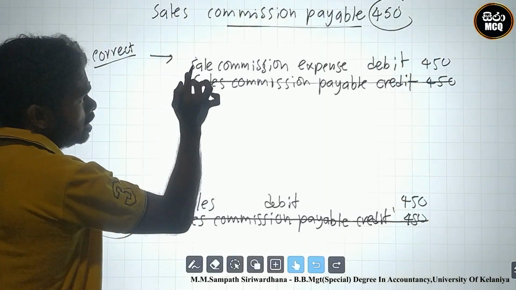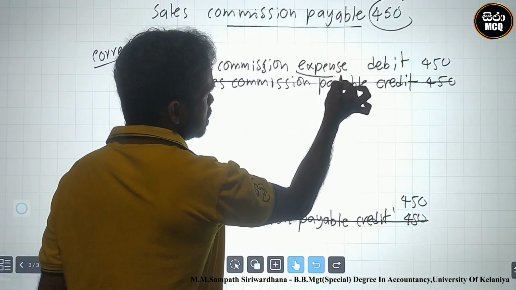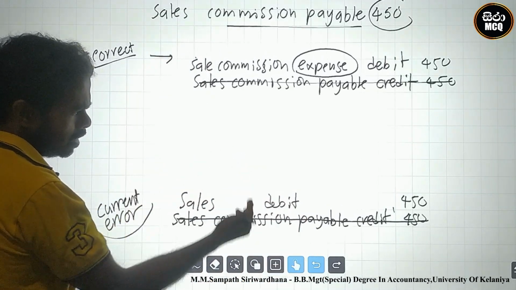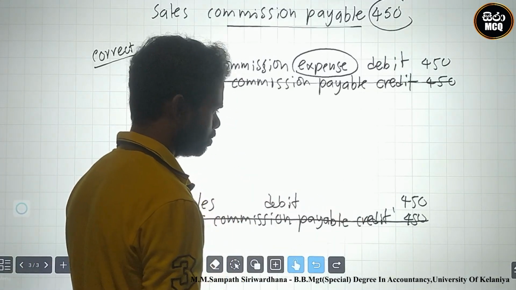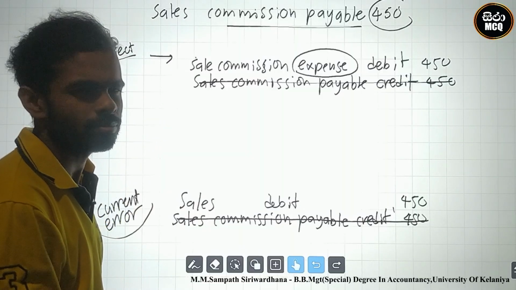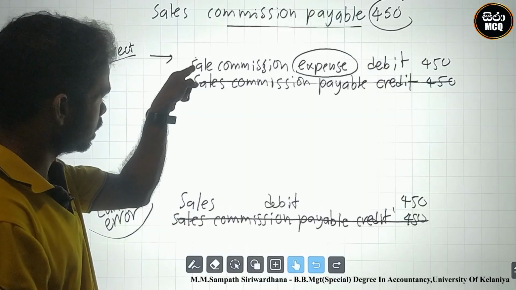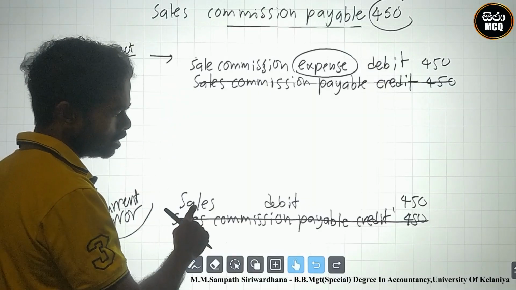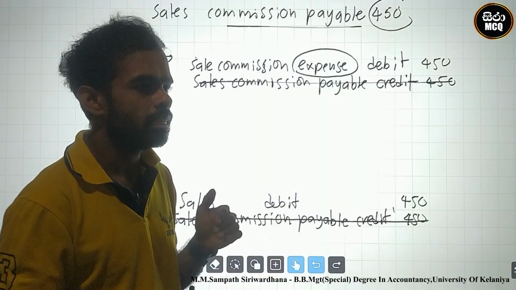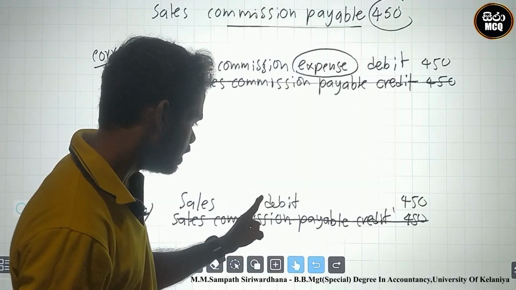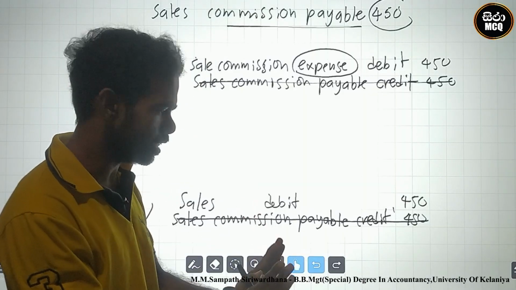Look here. The correct one is sales commission expense debit. This time, sales debit 450. Who is the error side? This is the correct side. This is the error side. We must use the opposite side. Why? Sales is debit. Already debit.